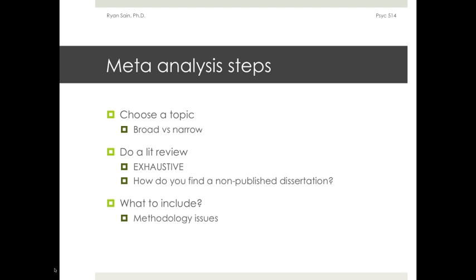So then they take their thousands of articles, and they go through and drop the ones that don't meet their basic criteria. So, did they have a directly observed metric for their dependent measure? Maybe that's a criterion. Did they have purely experimental results, randomized experimental trials? Maybe, that type of thing.